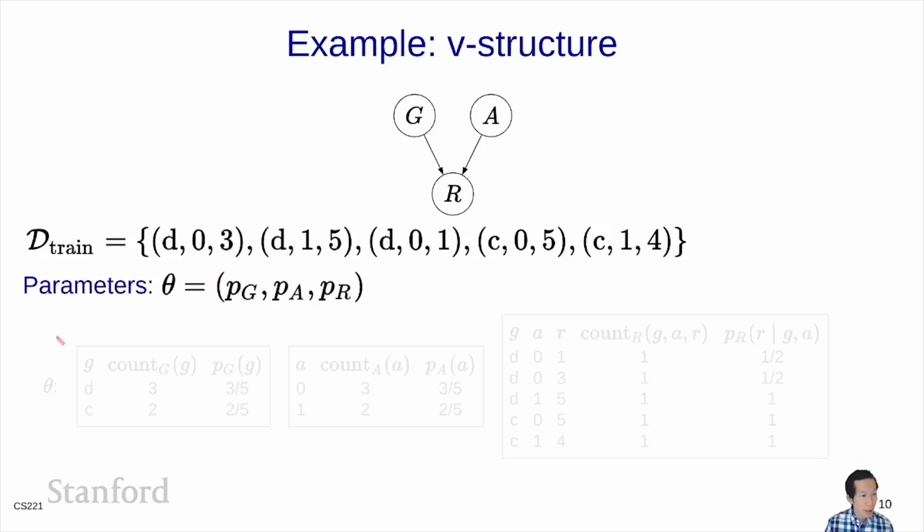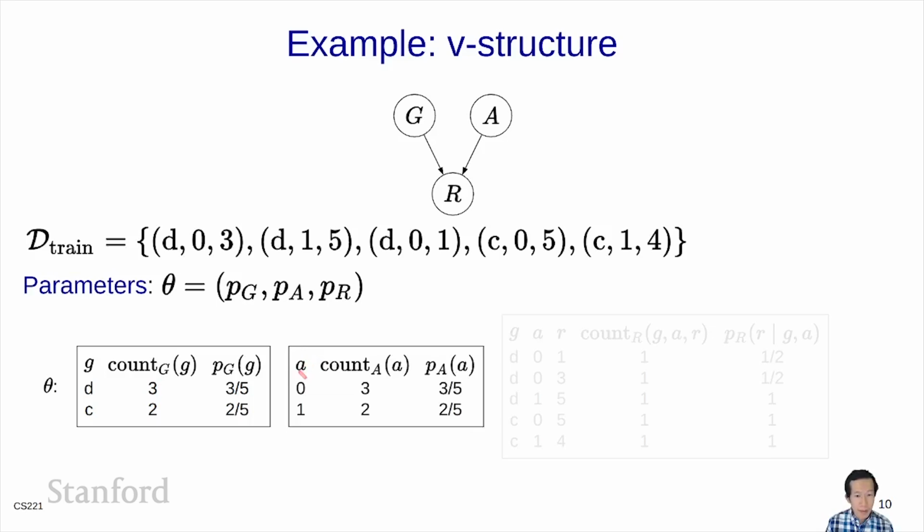Okay, so here we're going to start with P of G. This is exactly the same thing as before. We just look at only the genre. And then we're going to look at P of A, which is analogously looking at only 0, 1, 0, 0, 1, and counting and normalizing.